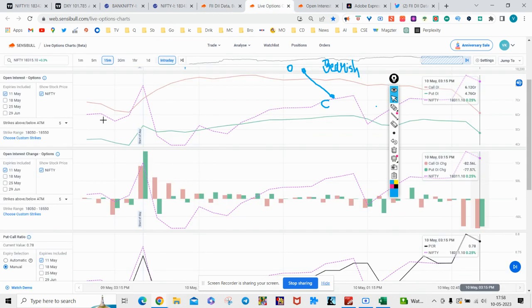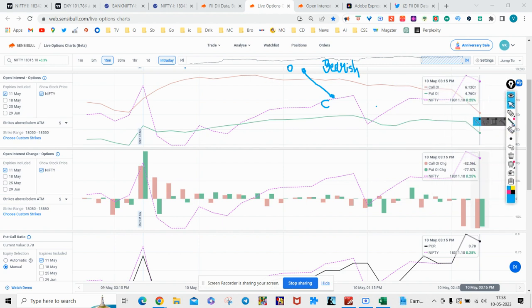For example, if I use Sensibull OI, you can use any platform. Now, what is happening here today? You can see that in the first 15 minutes of the opening, the call writing was relatively more, and there was put buying too, so that's why the market fell in the morning. But what you are observing is a trend.